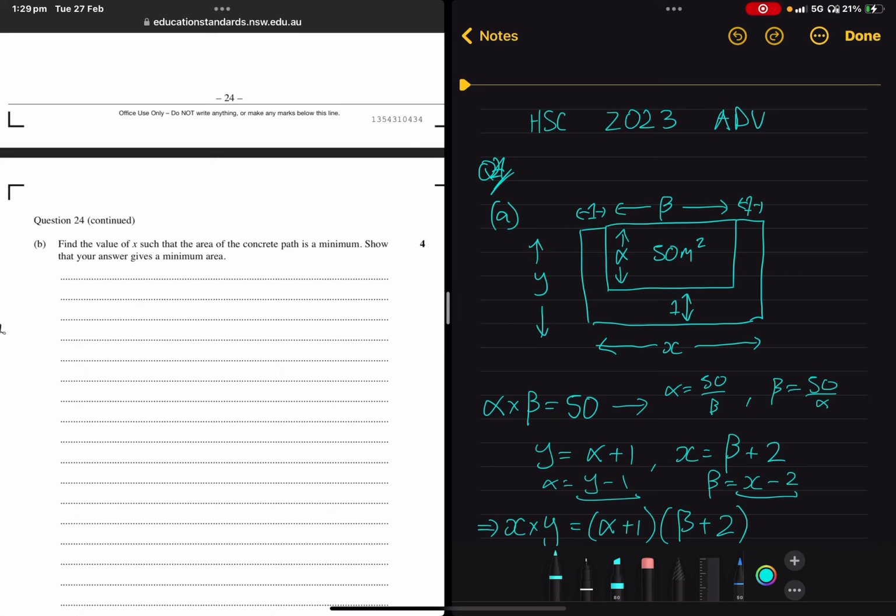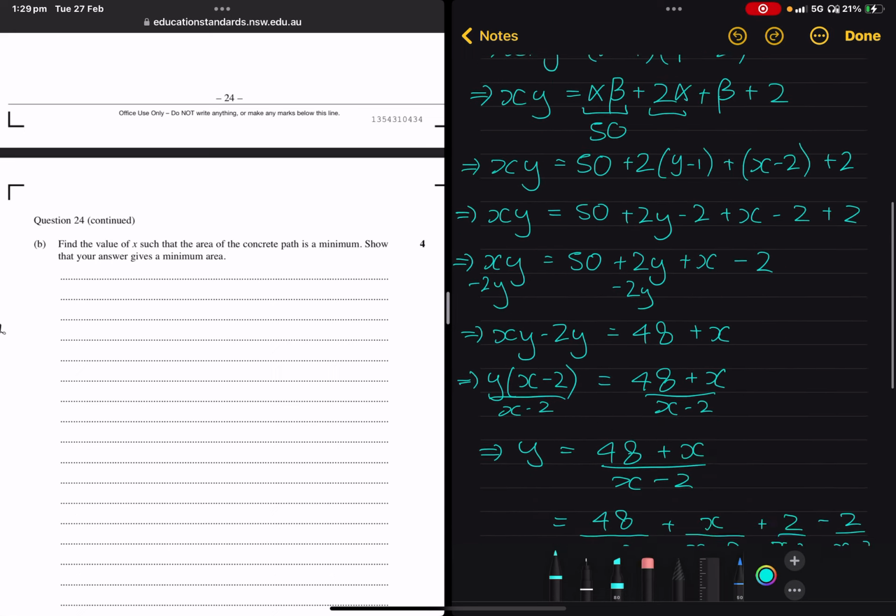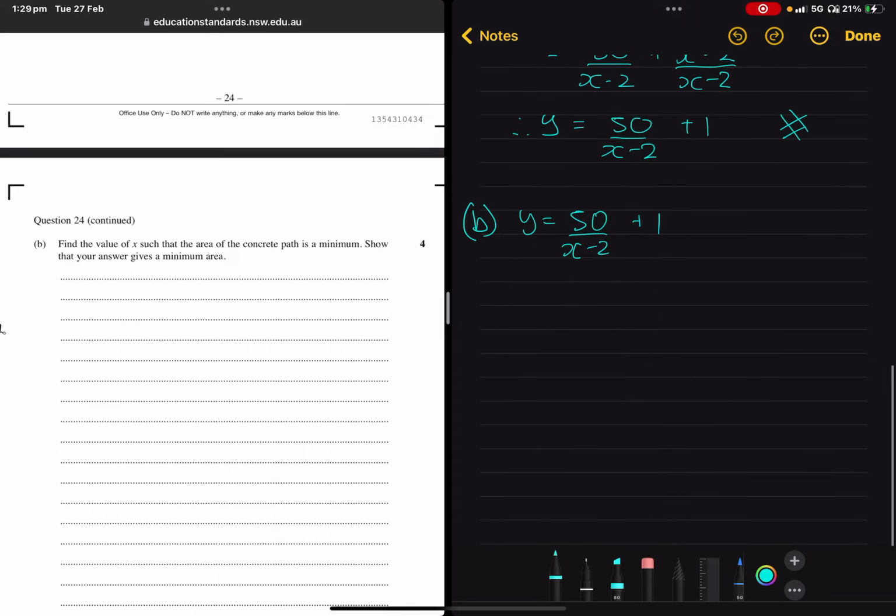So the area of the whole yard is y times x, the area of the garden bed is 50, so the area of the path is going to be the difference. So the path area will be x times y minus 50. Well, we've just found y as a function of x, so we can plug that in.